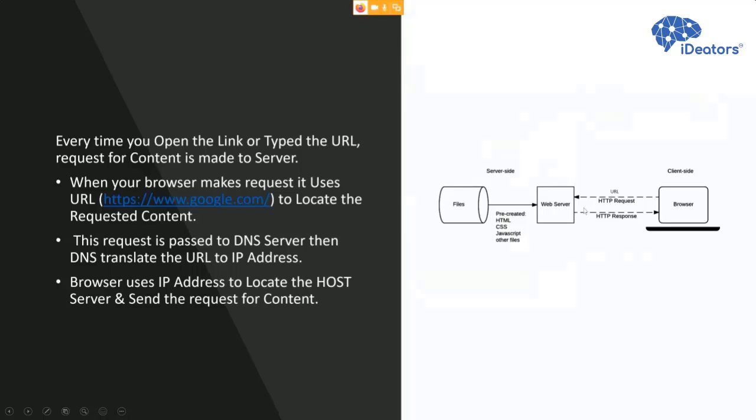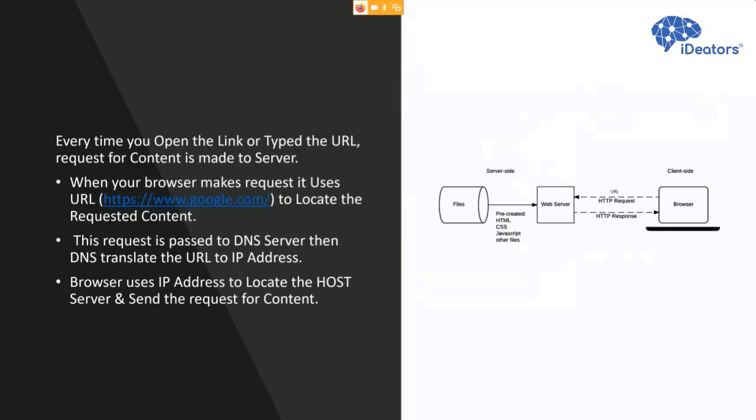But before we see how the web server works, you can see that the HTTP browser first sends the HTTP request via URL. Of course, when you send a request via URL, there is a domain name which we understand, but browsers understand IP addresses.